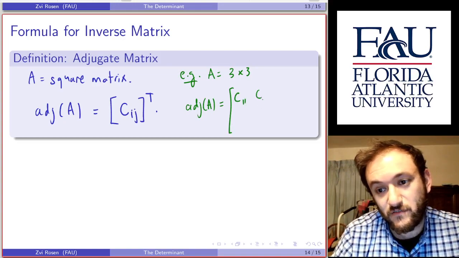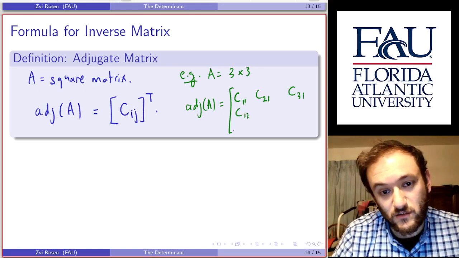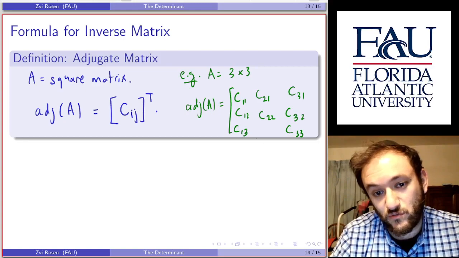So we'll have, instead of C1,2 here, we would have C2,1, C3,1, C1,2, C1,3, C2,2, C3,3. And again here, this will be C3,2. This would be C2,3. Okay?